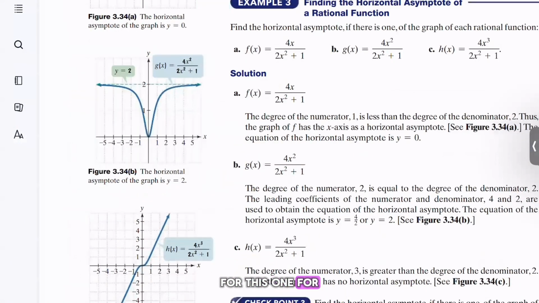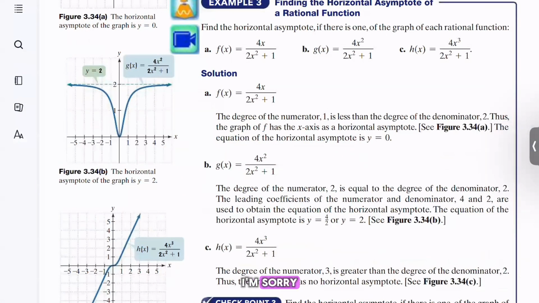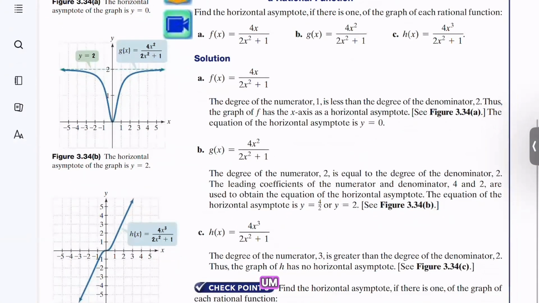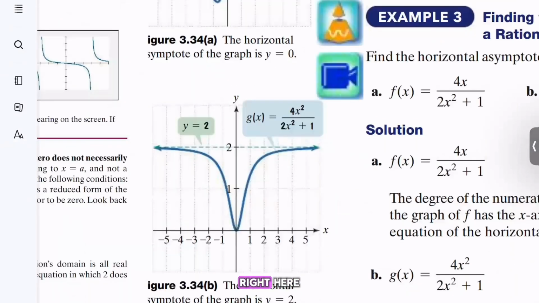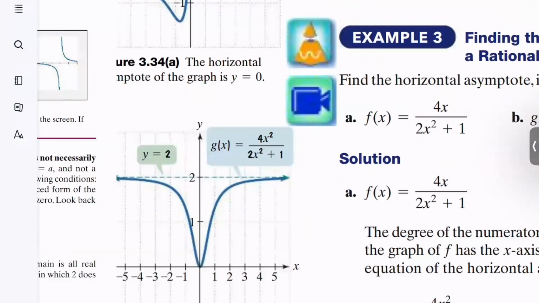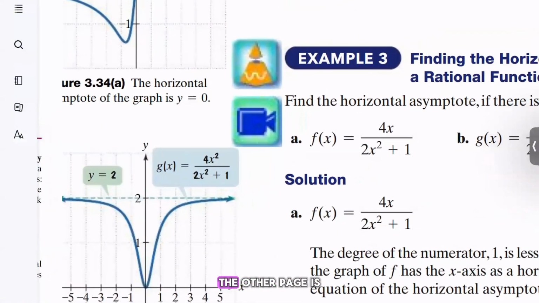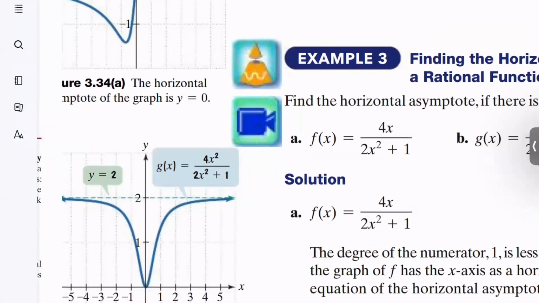For this one, for part B, the exponents are exactly the same. So when you divide them out, you're going to get 4 divided by 2. And so the horizontal asymptote is y equals 2, and you can see it right here. Sorry, the other page is trying to creep in.